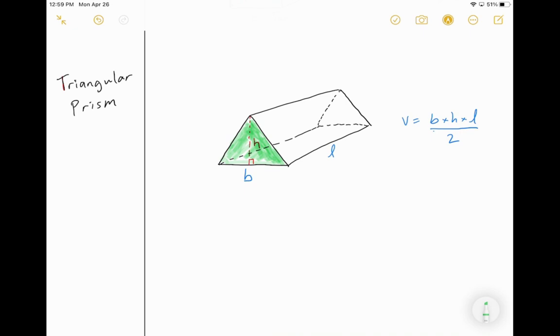So let's put some numbers here just so you guys can see how simple it is. Let's say the base was 8 meters. Let's say the height was 6 meters, and let's say the length was 10 meters.